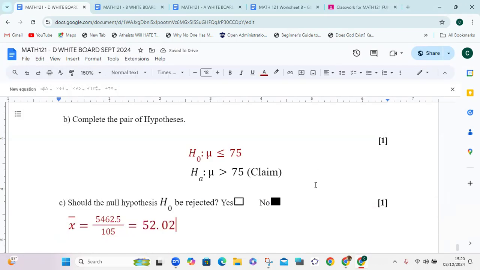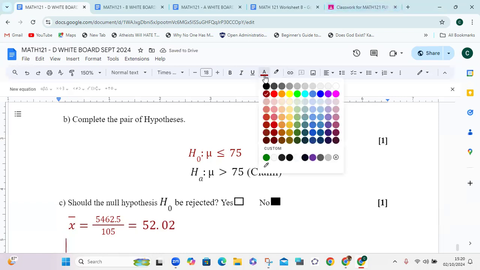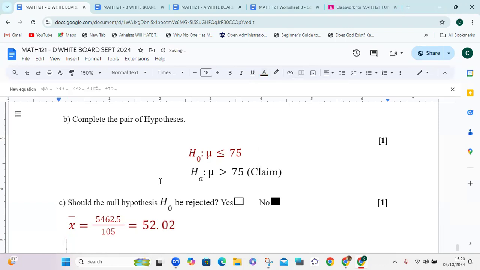And what's the reason? The reason is that the mean is really and truly less than 75.